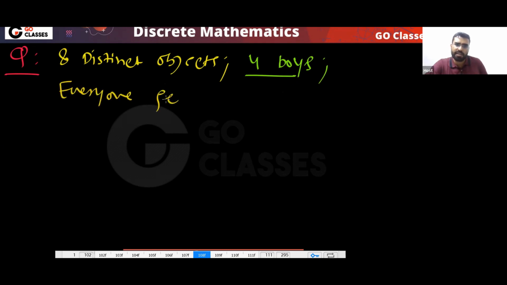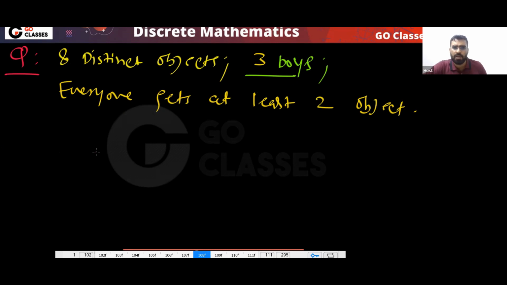Everyone gets at least one object. Now let's assume there are 3 boys, and everyone should get at least 2 objects. Then what is the answer? How will you do this?